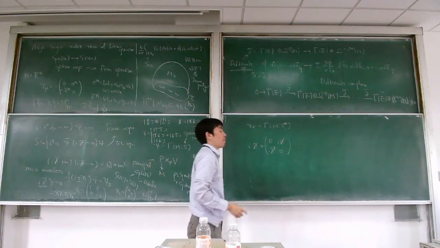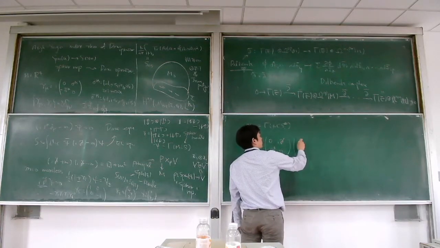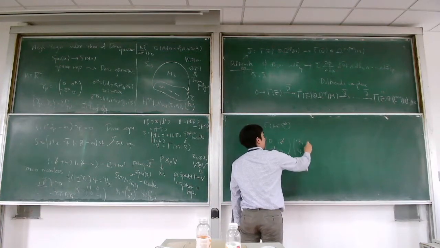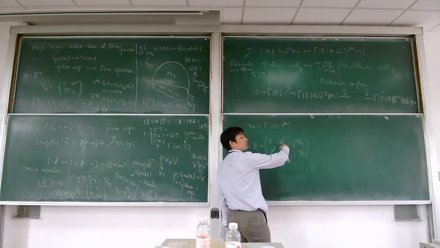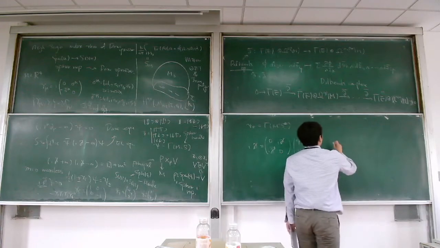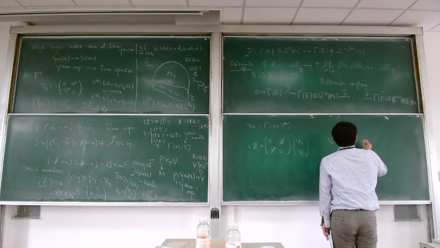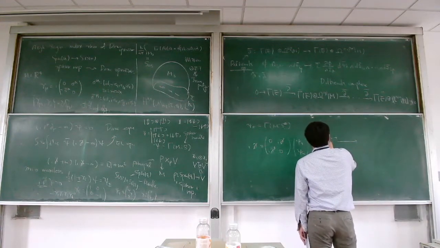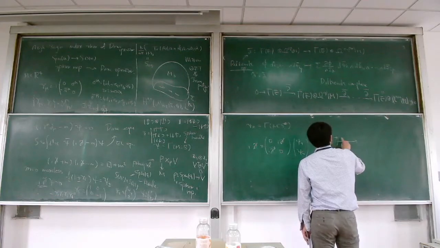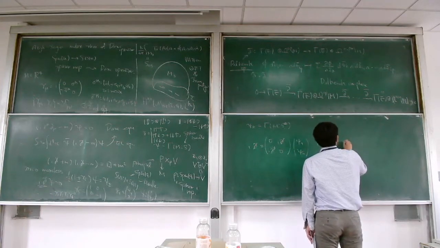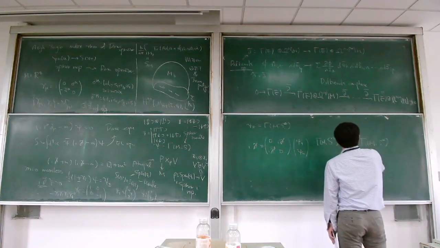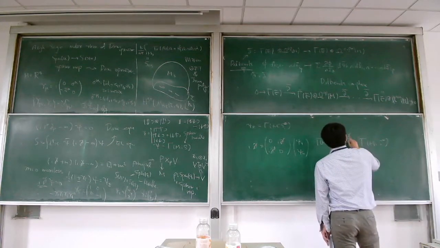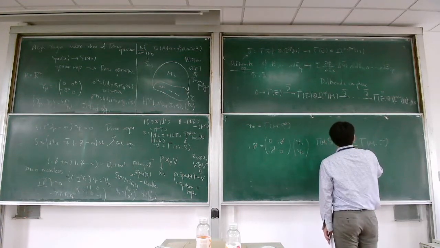So psi plus is mapped to psi minus, and psi minus is mapped to psi plus. Therefore this gives a map from sections of the positive chirality spinor bundle to the negative chirality spinor bundle by the Dirac operator.